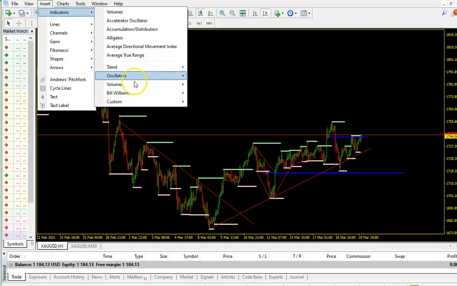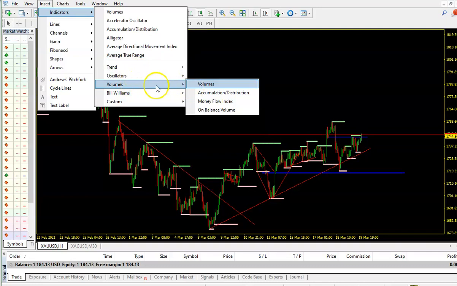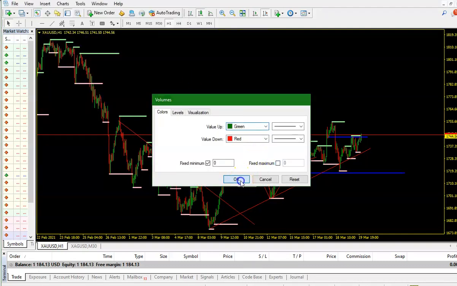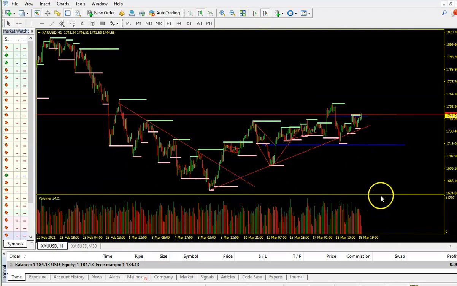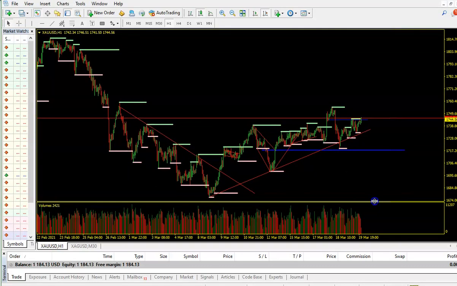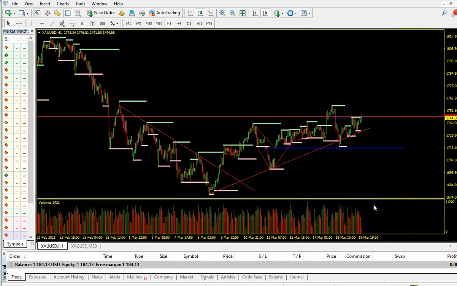So for volume indicators, you can go to volumes there, and then you can put any kind of volume indicator that you are interested to work with. Those volumes are actually the most commonly used volume indicators. If you are interested in those things, you must be aware of how they work in the market.